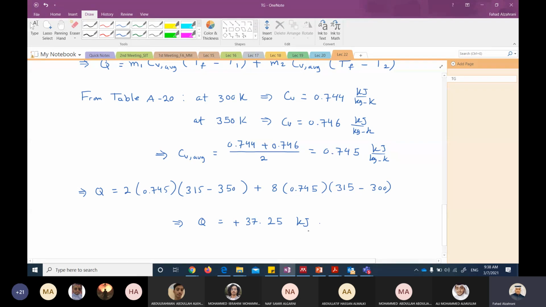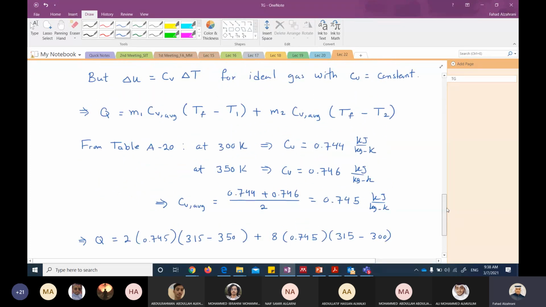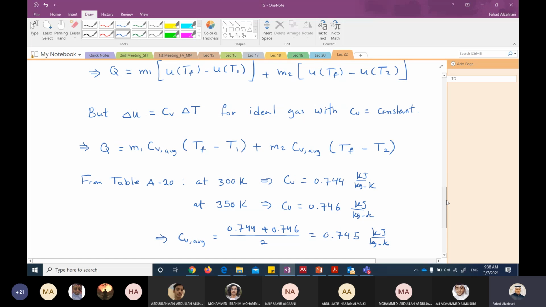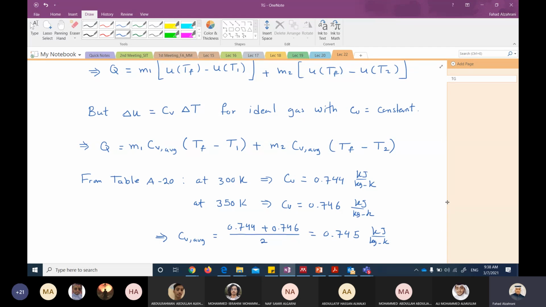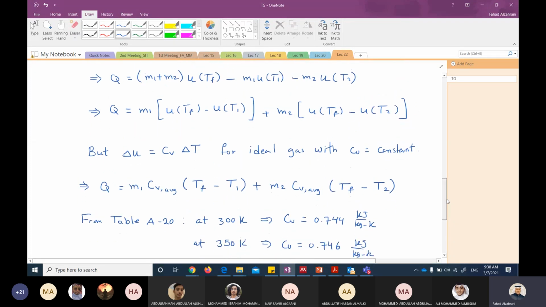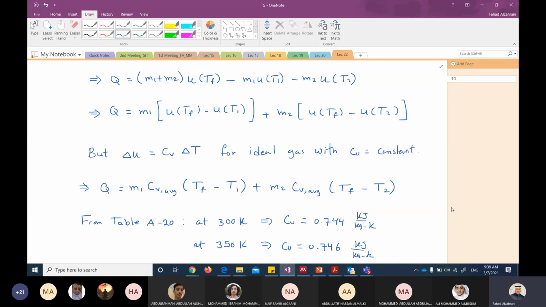Is the idea clear, guys? When the question tells you this is an ideal gas with constant CV, or constant specific heat, as I sometimes say, you take CV delta T. Delta U becomes CV delta T. How do you evaluate CV? This question is also in the homework, by the way. Remember the homework? Did you solve the remaining homework? In the homework there is also a similar question.